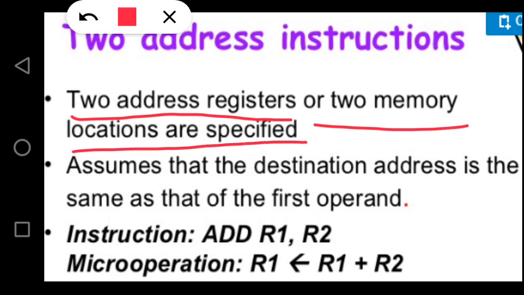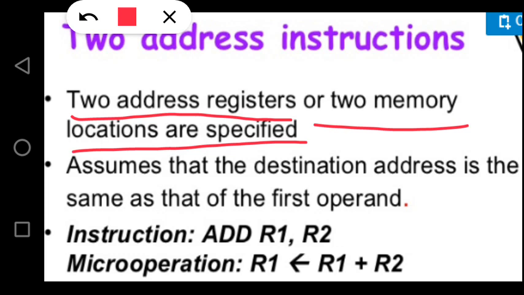Then you may get a doubt: where would the results go and be stored, because it is a two address instruction, not three address? If it is a three address instruction, you can easily identify that two addresses are preserved for performing any arithmetic operation, and the third one is used to store the result.